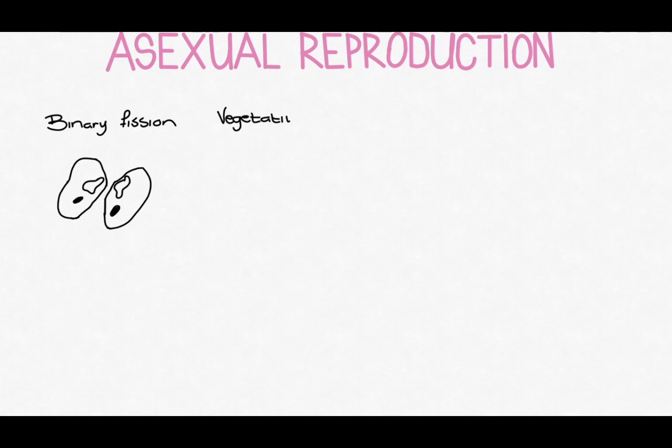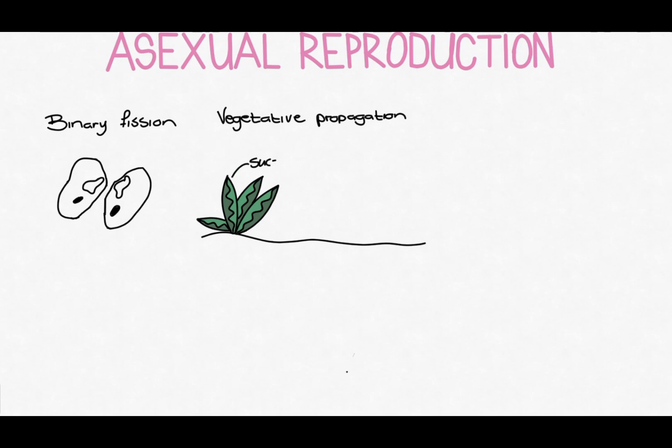The second type of asexual reproduction that we get is vegetative propagation, and this is usually done by humans. In vegetative propagation, a piece of the plant, like the succulent especially, can be removed from the parent plant. It is then planted into the soil, and a new little plant will grow from it. These 2 plants will also be genetically identical to one another.